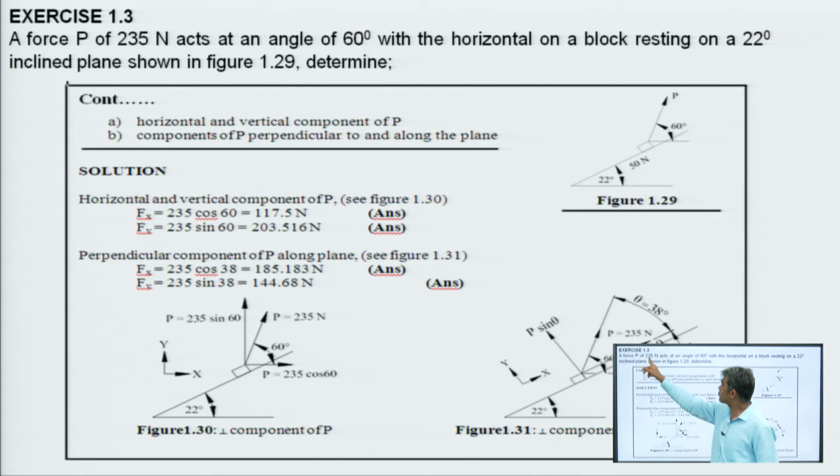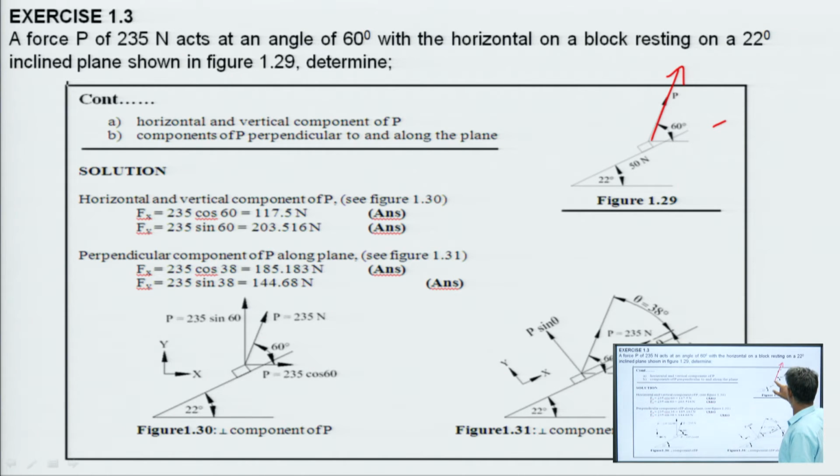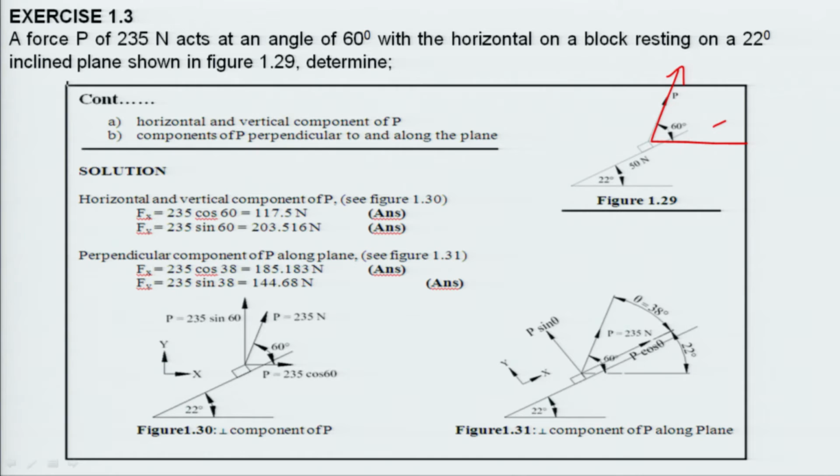A force P of 235 Newton acts at an angle of 60 degrees with the horizontal on a block resting on a 22 degree inclined plane, shown in this figure. This angle is 22 degrees, and this is the inclined surface.